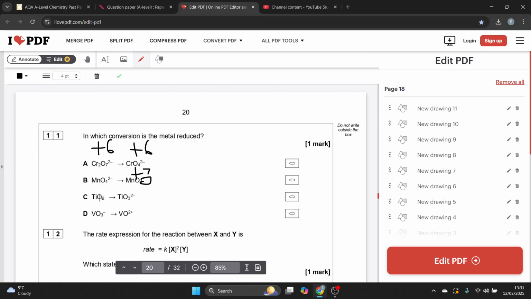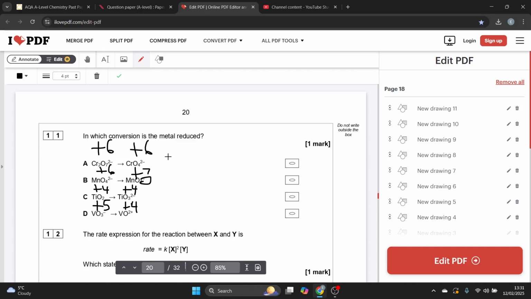Minus 1 charge, minus 2 times 4, minus 8, that's plus 6. Oxygen minus 6, plus 4, plus 4, minus 2, that's plus 2, oh no, that's minus 2, it's going to be plus 4 then. Minus 6, plus 5.